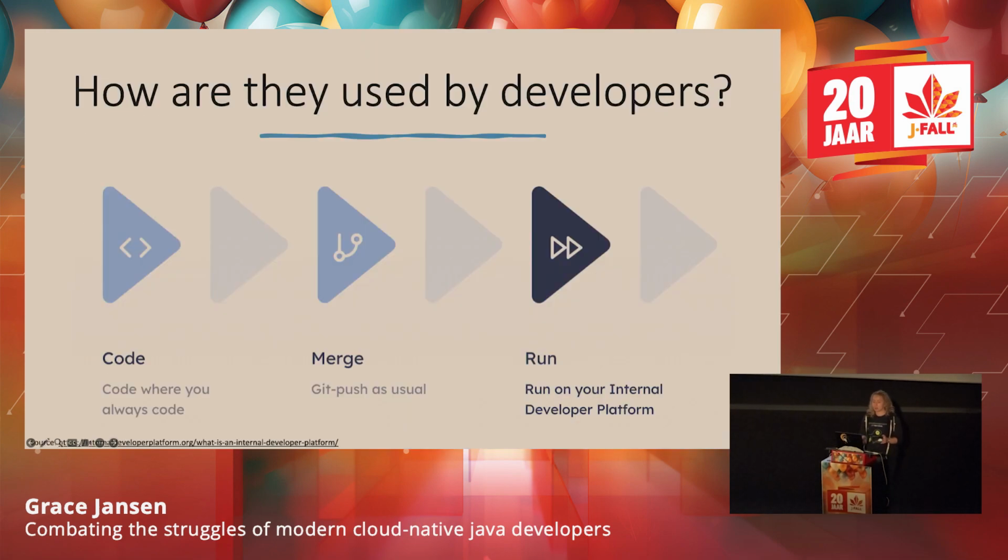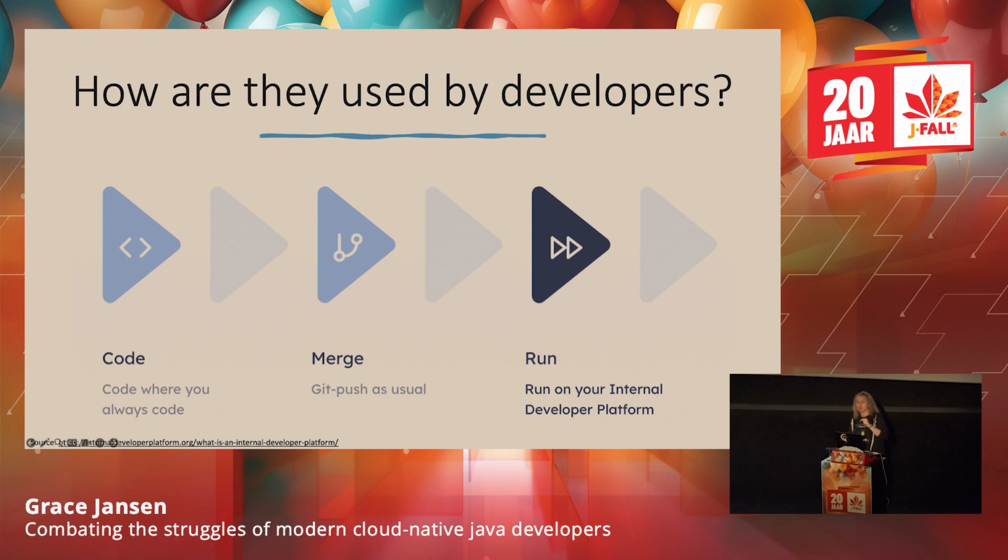How are they used by developers? The idea here is that IDPs integrate into any existing workflows that you already have in place. So it usually means that you remain with a git push deploy workflow. You just have that further automation. So the entire deployment process is now at the disposal of the developer. They can request resources, spin up fully provisioned environments, roll back, deploy, and set deployment automation rules, all autonomously.